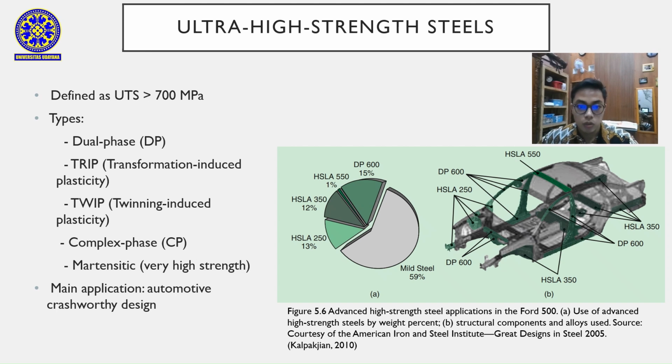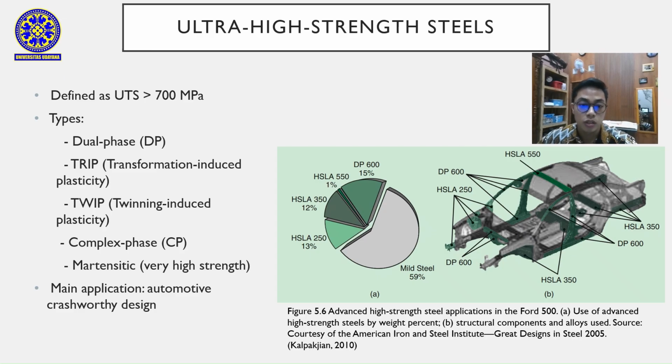They are widely used in automotive applications to design safer yet lighter vehicles. For example, TRIP steels can transform into martensite during forming, giving excellent formability and high strength. Martensitic steels can reach up to 1500 megapascal, suitable for crash-resistant components.